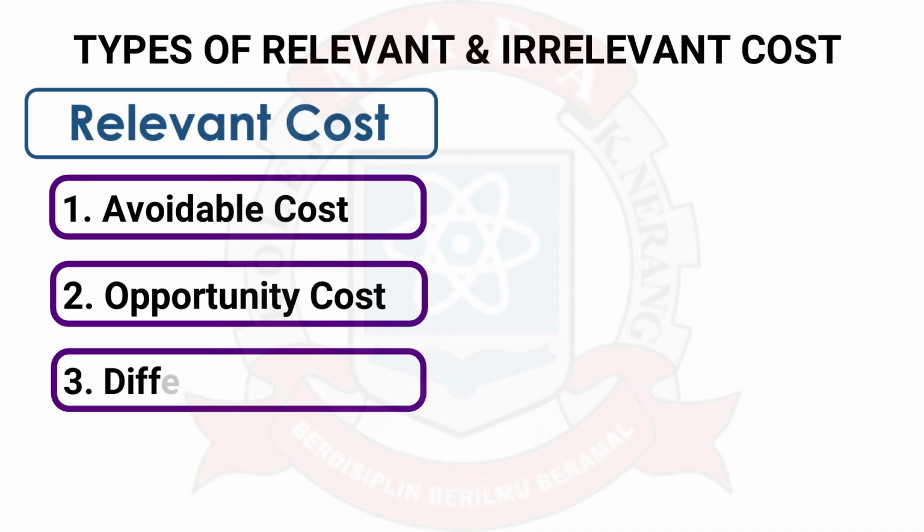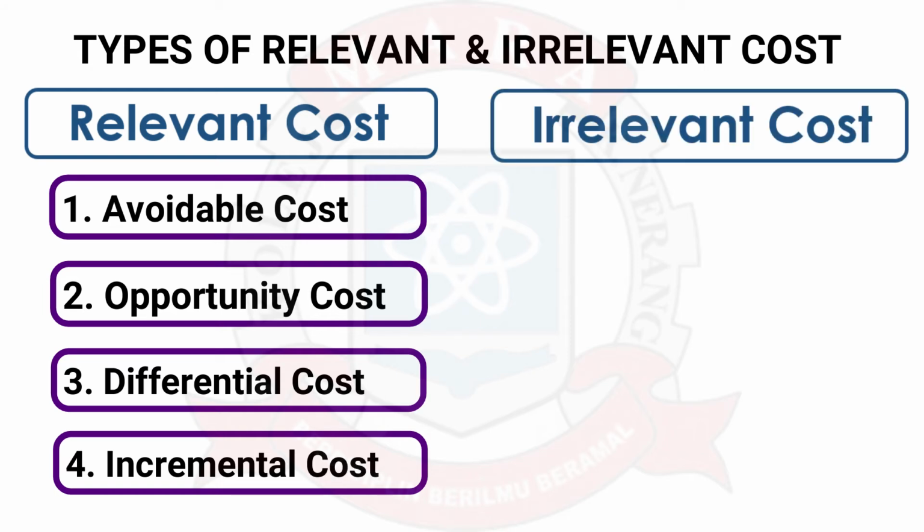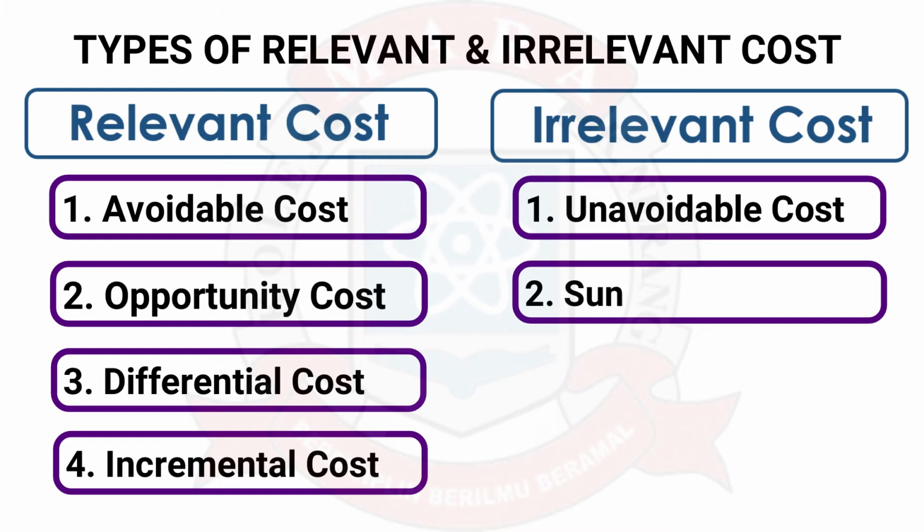Number 3, differential costs. Number 4, incremental costs. But irrelevant costs: number 1, unavoidable costs. And number 2, sunk costs.